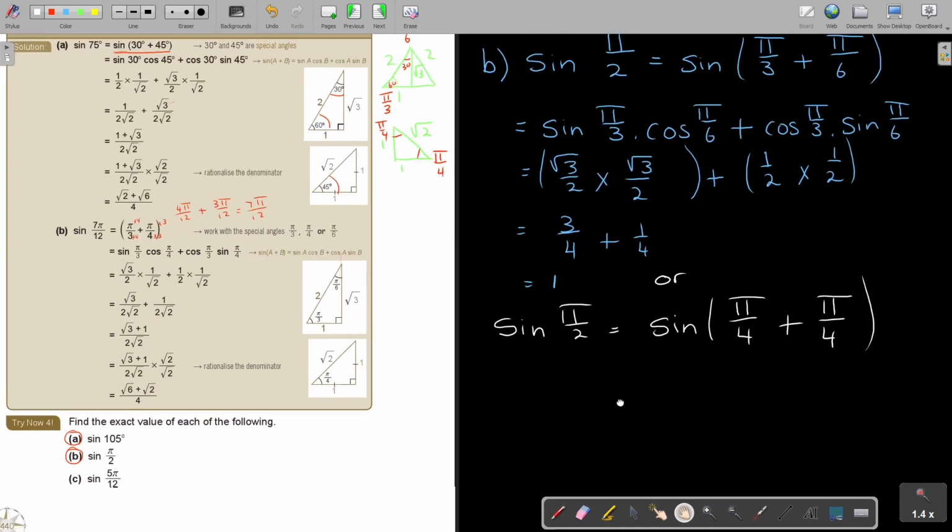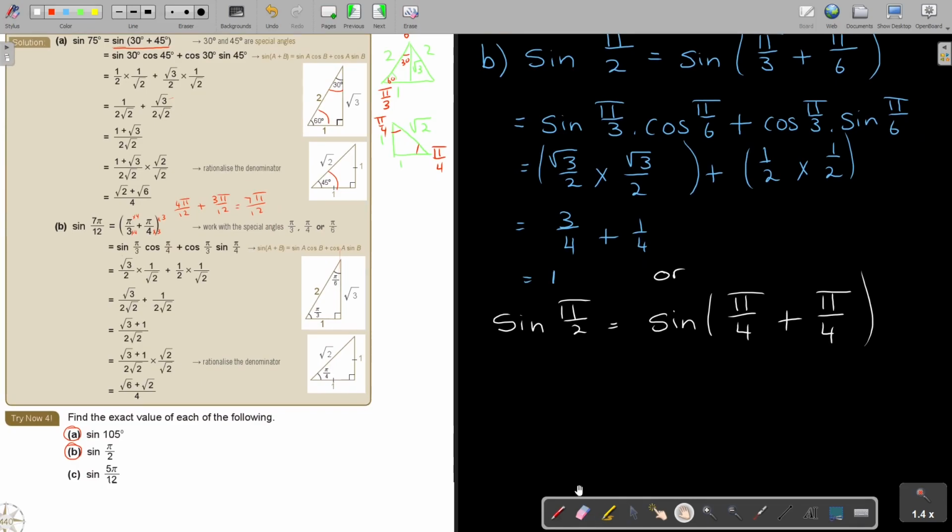You don't have to do both. You just have to do one. Okay, but remember first your formula. First write down your formula. So this is equal to sin pi over 4 cos pi over 4 plus cos pi over 4 sin pi over 4.